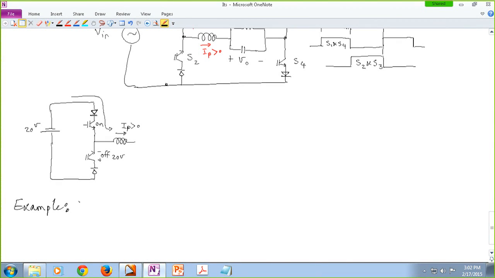So we are looking at an example where the throw voltage is positive and the pole current is bidirectional. We're looking at the right half plane switch, and an example would be an inverter.